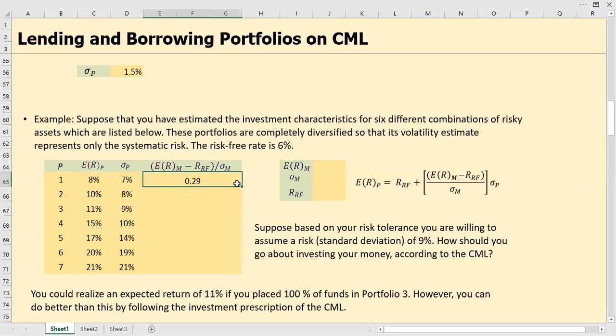So I am going to drag the equation down, so you get answers for all of them, right? So you have these slope coefficients.